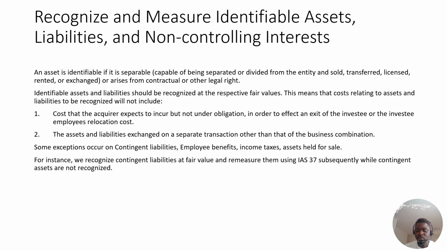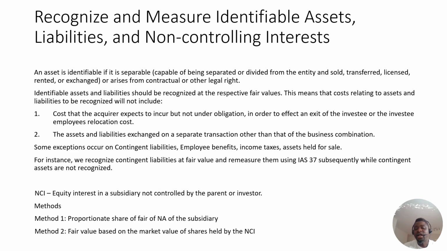Also, we need to now look at non-controlling interest, after we have been able to identify, recognize and measure identifiable assets and liabilities of the entity. So we use two different methods, but before we look at the method, what is non-controlling interest?